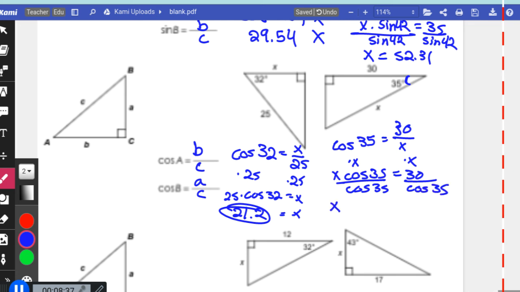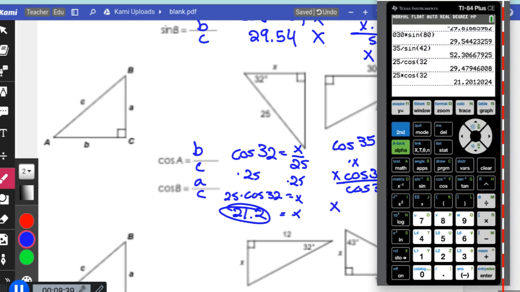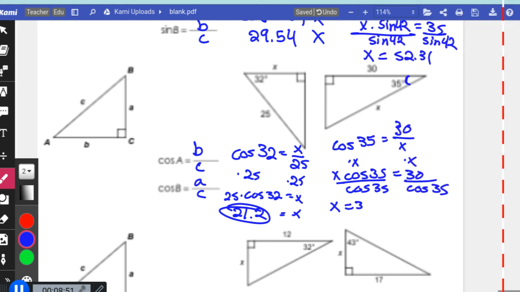So x equals 30 divided by cosine 35, and I get 36.62. Does that make sense in my picture? Yes, it's larger than 30, so we're good there.